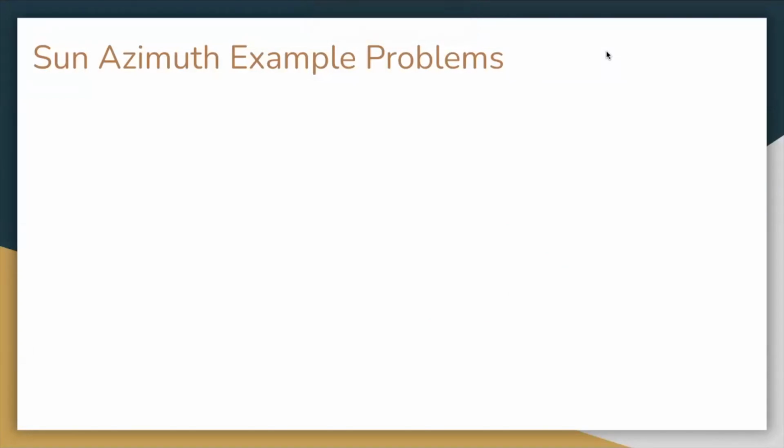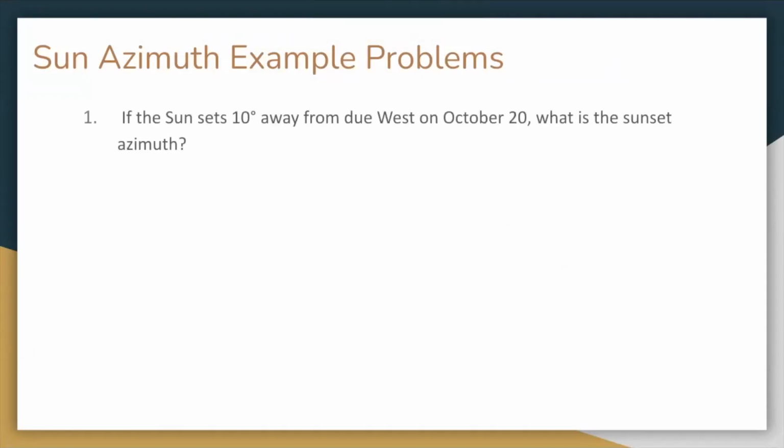All right, let's do some practice problems now so we can see how this diagram works. Our first question says, if the sun sets 10 degrees away from due west on October 20th, what is the sunset azimuth? First off, are we dealing with spring, summer, or fall, winter? Fall, right? So we know this is the fall. And if it's the fall, we know the sun is going to be setting to the south of east and west.